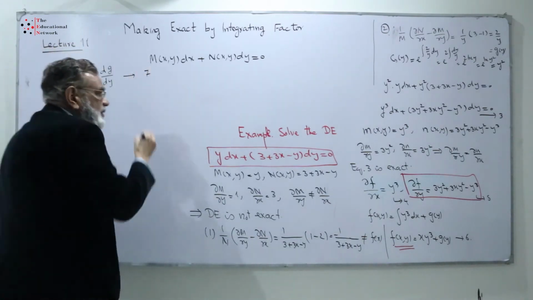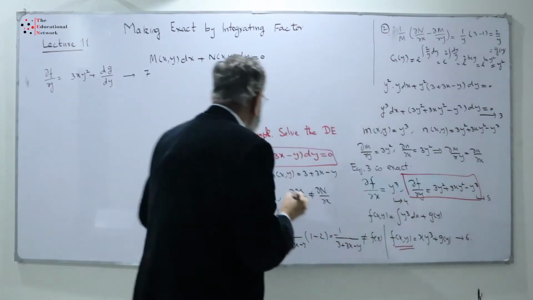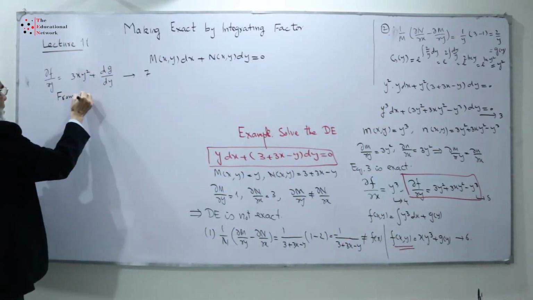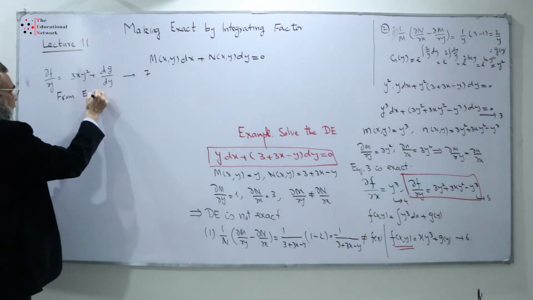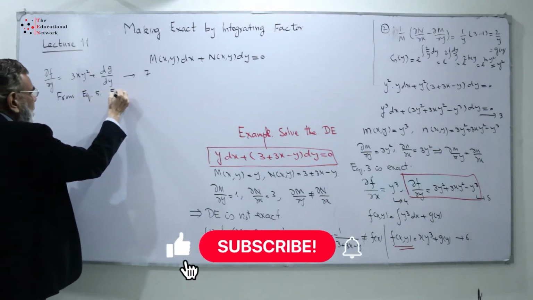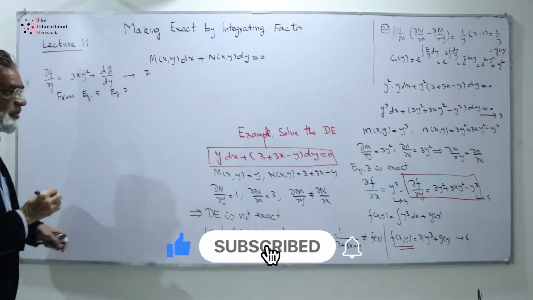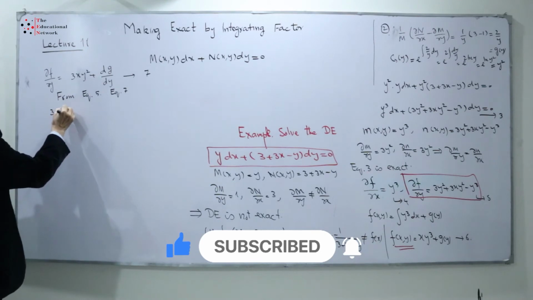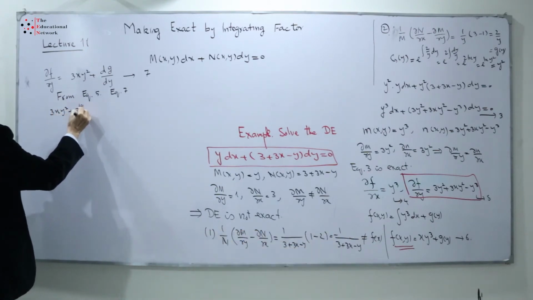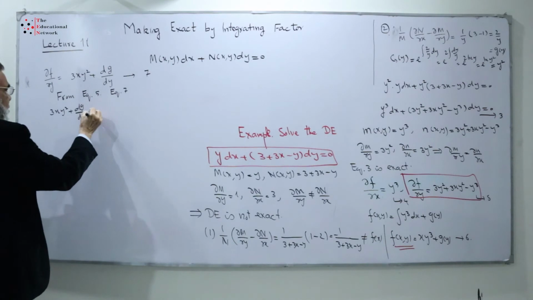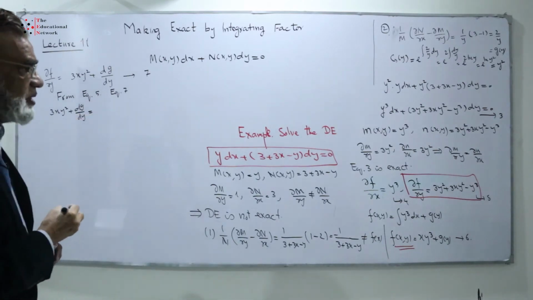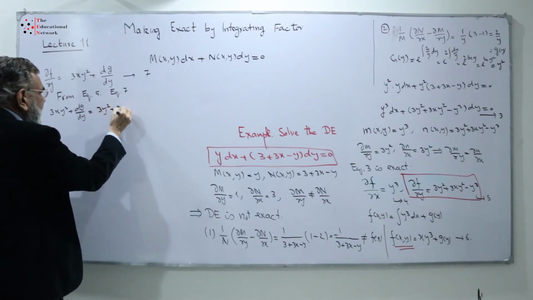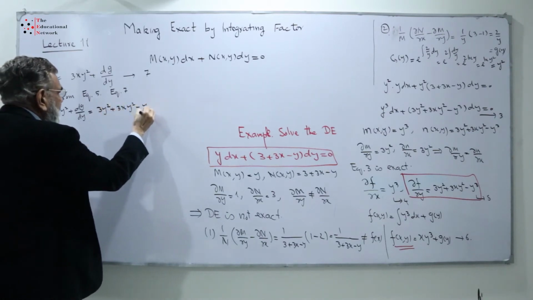So now we have number 5 and number 7. We substitute the value of partial f by partial y from equation 5 and equation 7. I get 3xy square plus dg by dy is equal to, on the right hand side, 3y square plus 3xy square minus y cube.